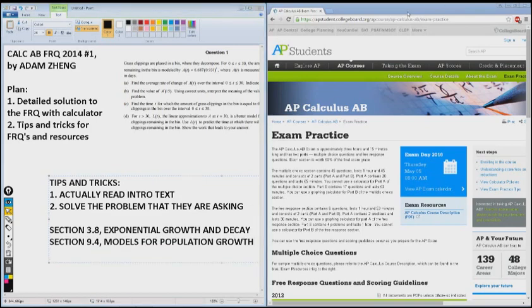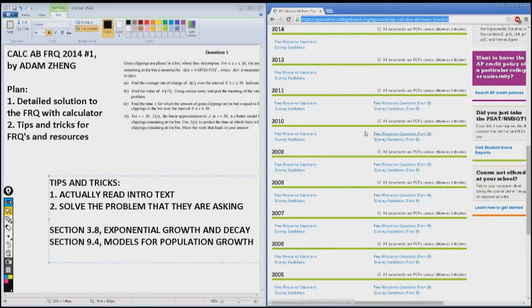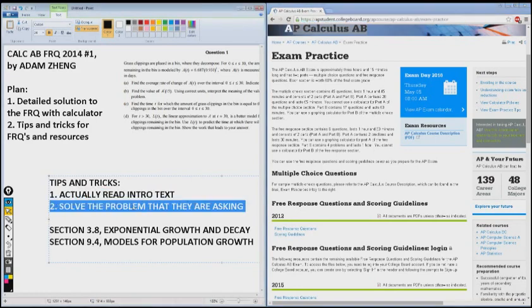Finally, we have this website, Calc AB practice, and it gives you past FRQs, past scoring guidelines, which can be very useful, because I think the best way to do well on a test is to do practice tests.